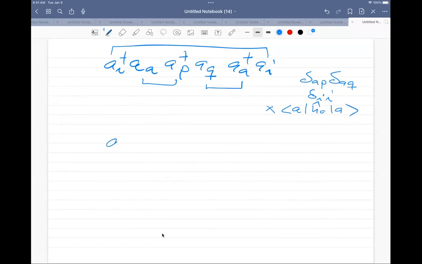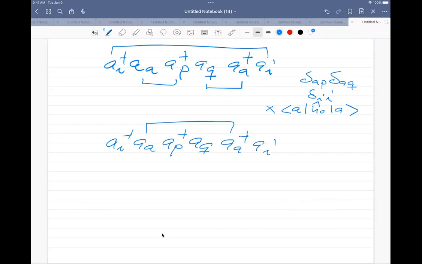Then the other contraction, the only other one which is non-zero, is going to be the following. And in this case, I'm locking this one. And keep in mind now that we have explicit indices A and I, which refer to states above and below the Fermi level.